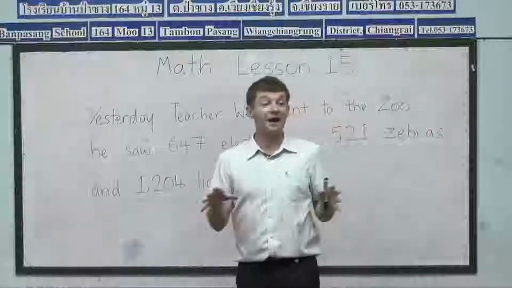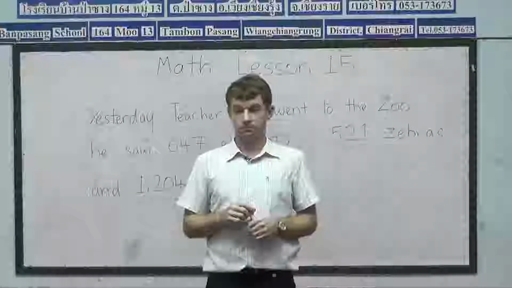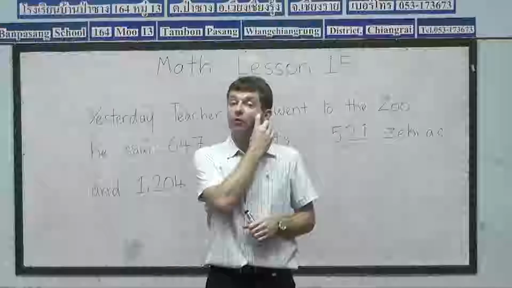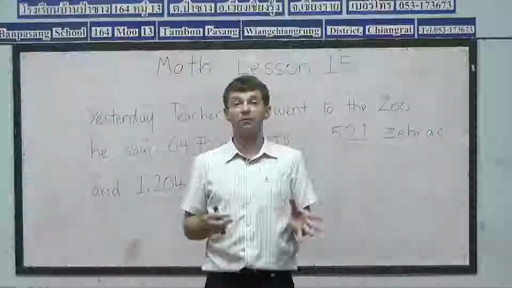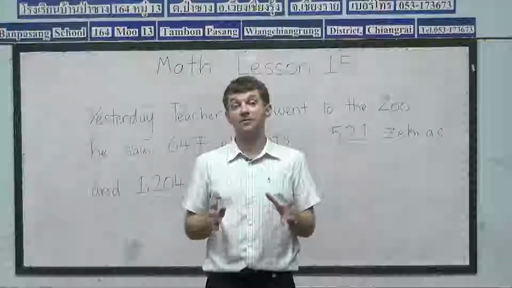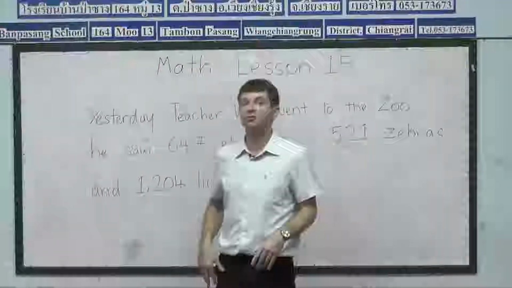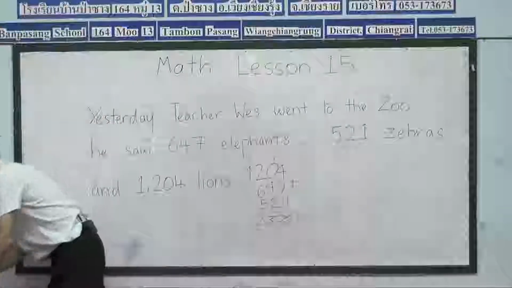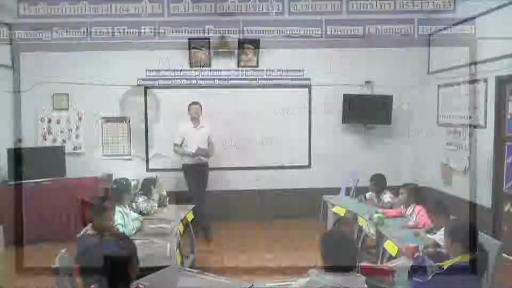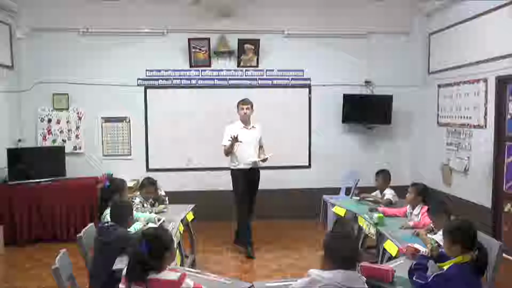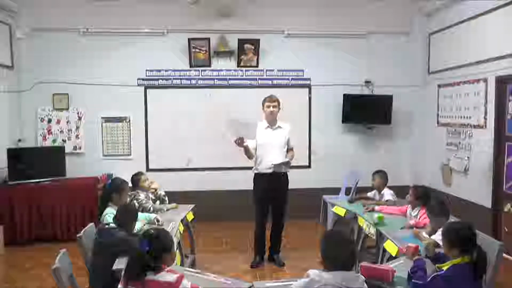So now we have a class activity. You need to divide your students into teams of 3 or 4, depending on the number of students. For my class, it will be teams of 3. And what you need to do is give each team of students one piece of paper.